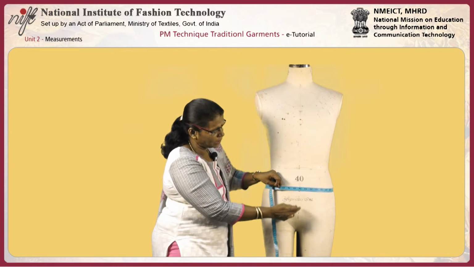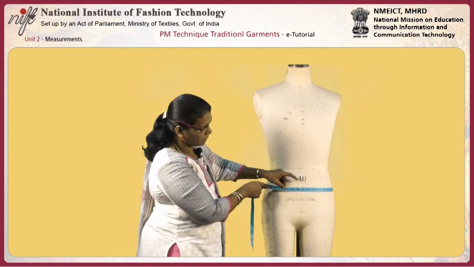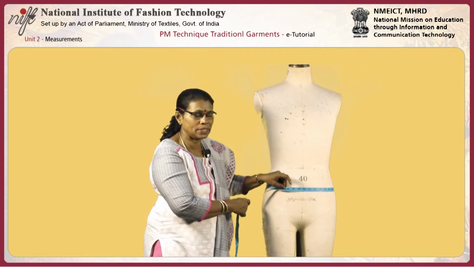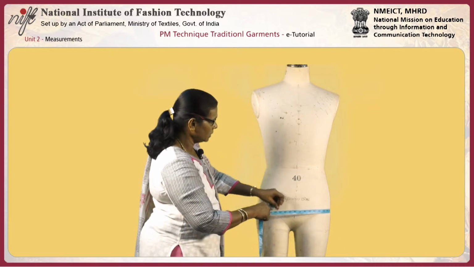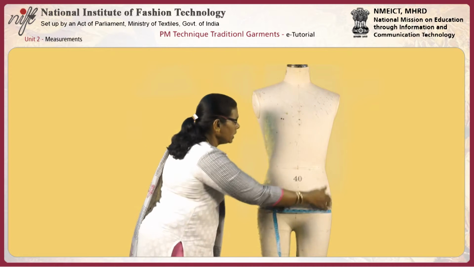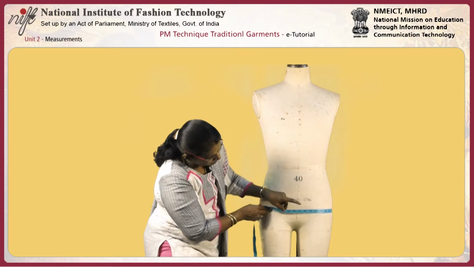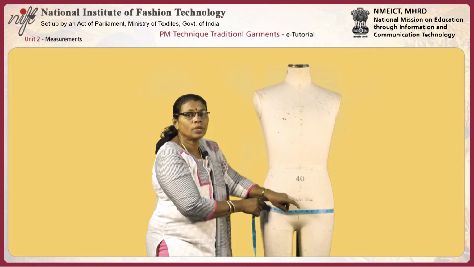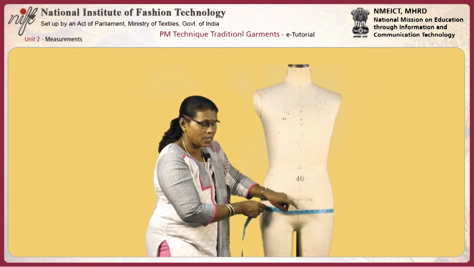In between the waist and hip, the circumference measurement with one finger ease is the abdomen circumference. Then the hip circumference, the prominent hip shape, the level at the prominent hip shape with one finger ease is hip circumference.